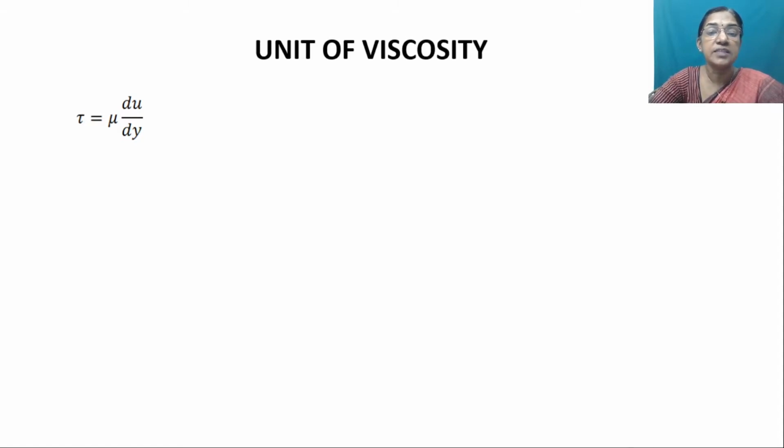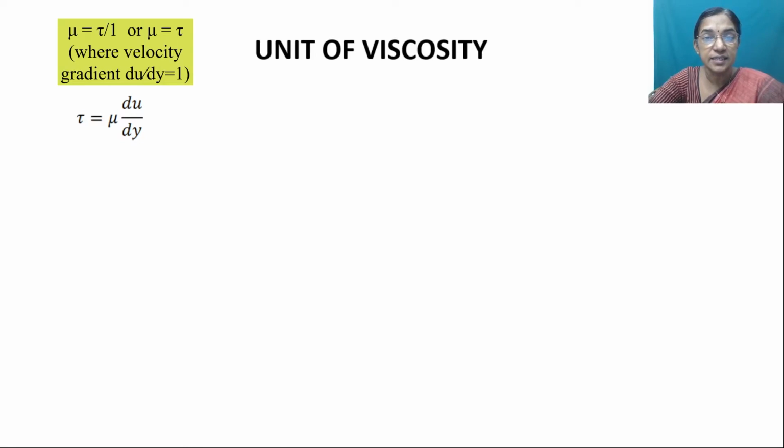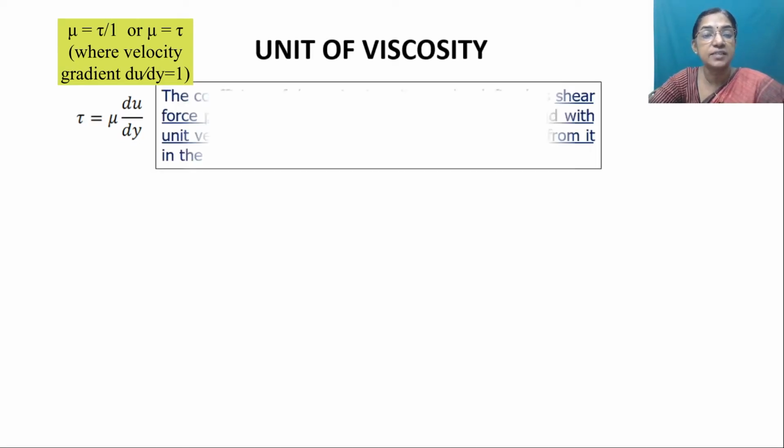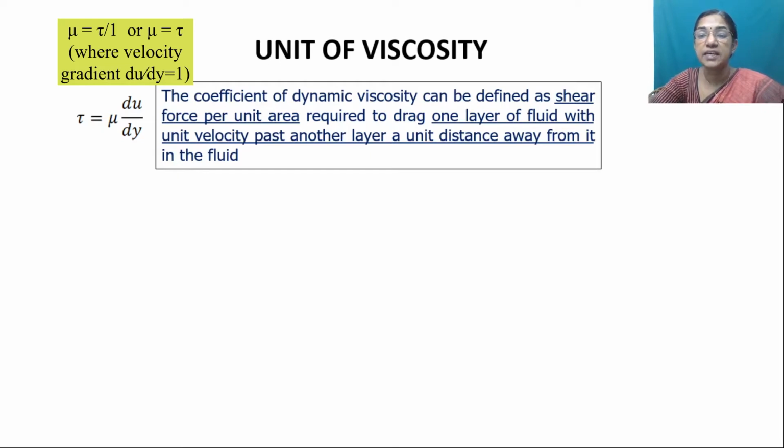In other words, the unit of viscosity is the shear stress producing unit velocity gradient. The coefficient of dynamic viscosity can be defined as the shear force per unit area, that is, the shear stress required to drag one layer of fluid with unit velocity past another layer a unit distance away.